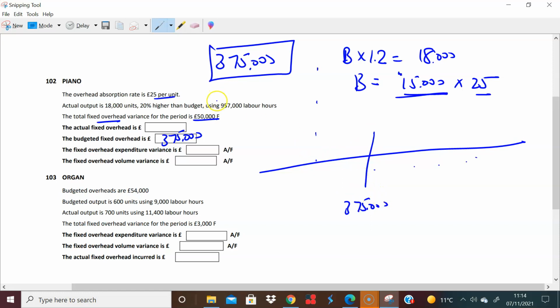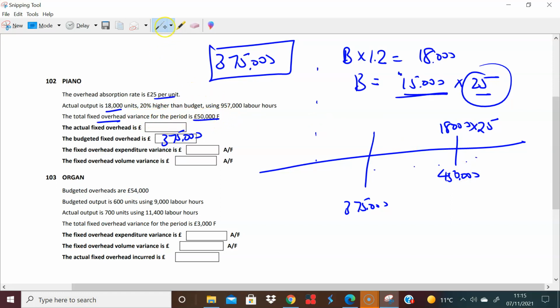So I put into my accounts £25 with every unit, and we've produced 18,000 units. So currently in my accounts I have 18,000 times 25 for fixed overhead. That's what's gone through my T accounts: 450,000.